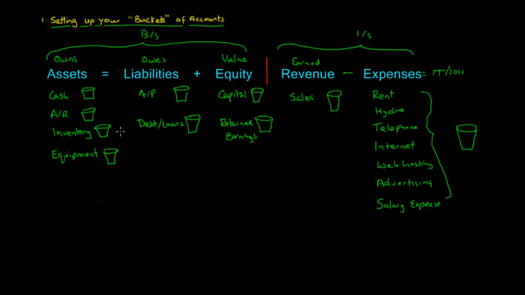Now, in some cases, you may actually want to have some smaller buckets that would flow through to the larger bucket. So for example, in the case of accounts receivable, we may want to keep track of the amounts that are receivable from each of the clients in a separate bucket, and then each of these flows through to the main bucket over here.